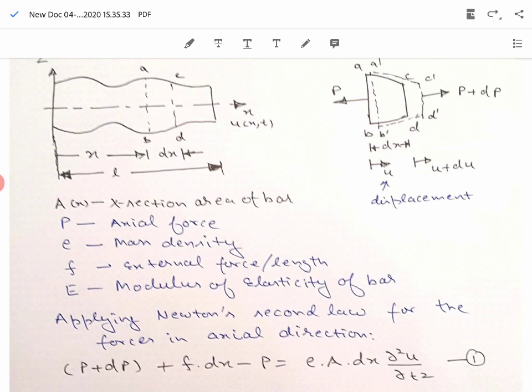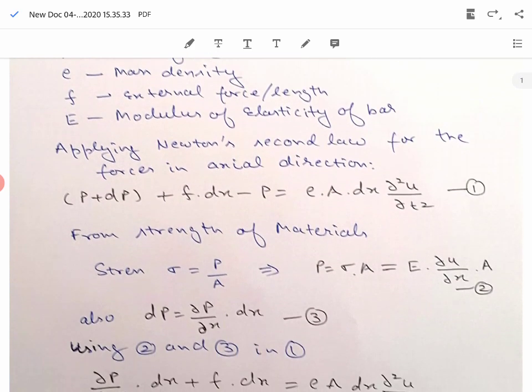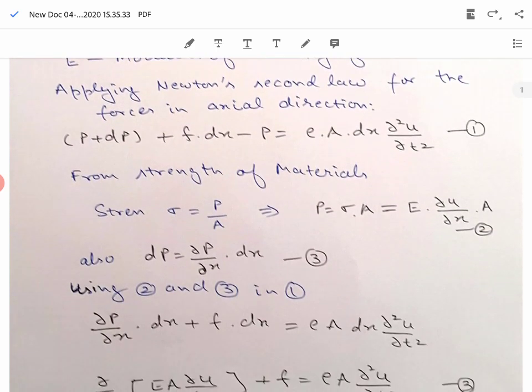Now, from the strength of materials, we know that stress sigma is given by force applied divided by the area. So that is P by A. From this we can write the value of force P as stress multiplied by area, and stress is nothing but the modulus of elasticity multiplied by the strain.